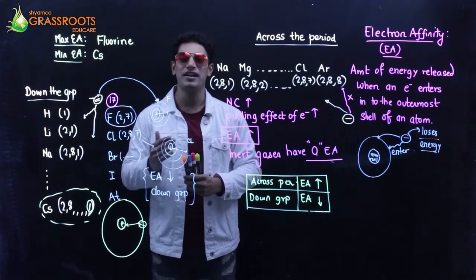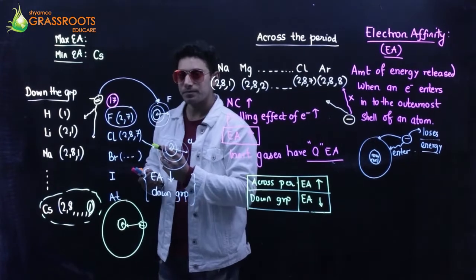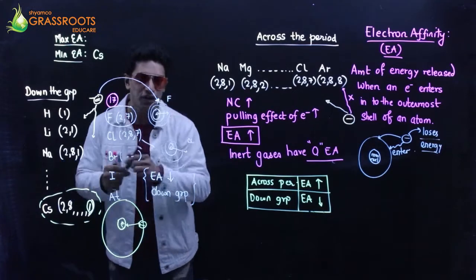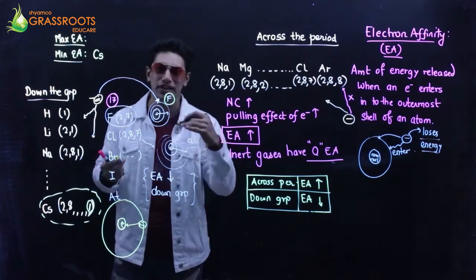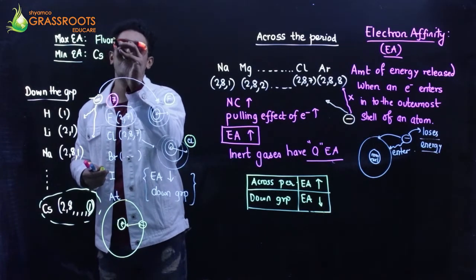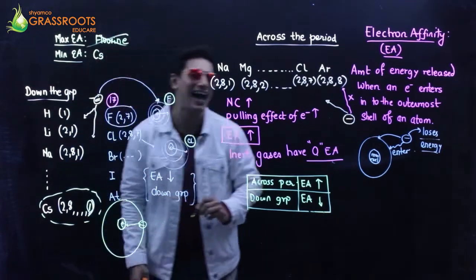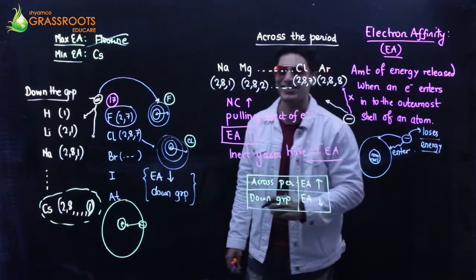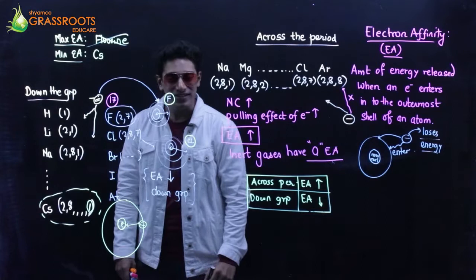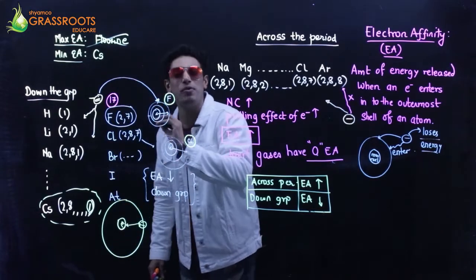We'll start with electronegativity. You will say it is fluorine because fluorine has the maximum pulling effect as compared to chlorine. So you will write fluorine and I will say wrong. Now this is the catch. This I was waiting for. Your concept, what I have taught here, is perfect.